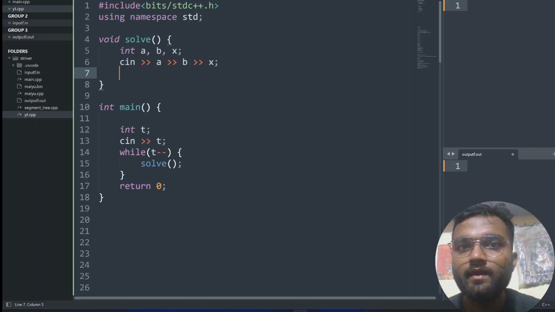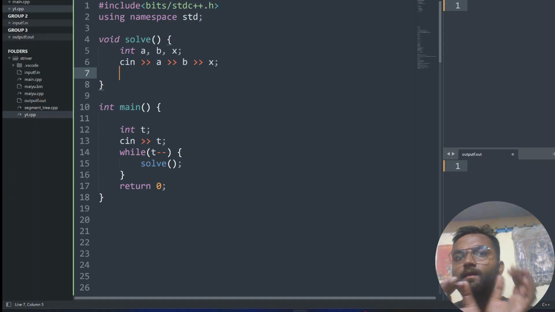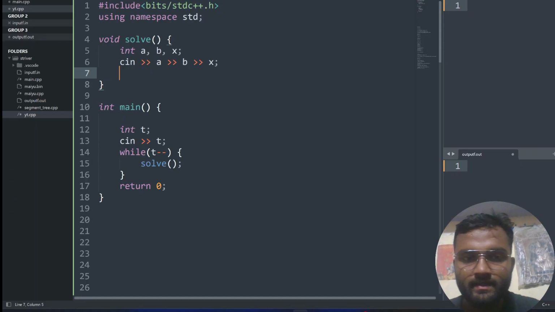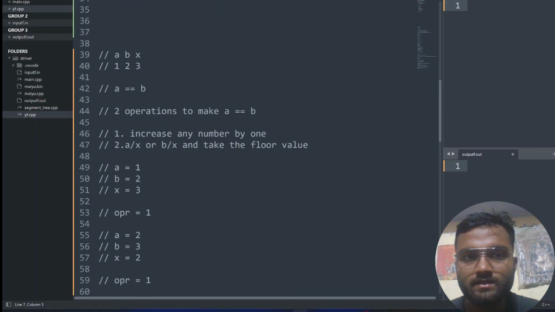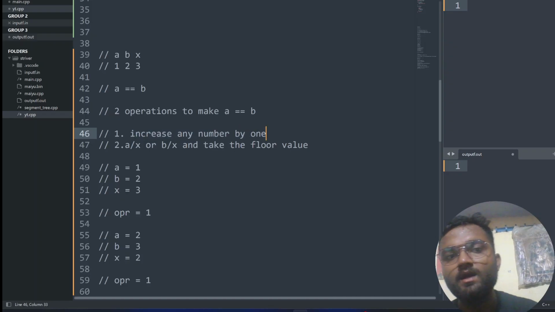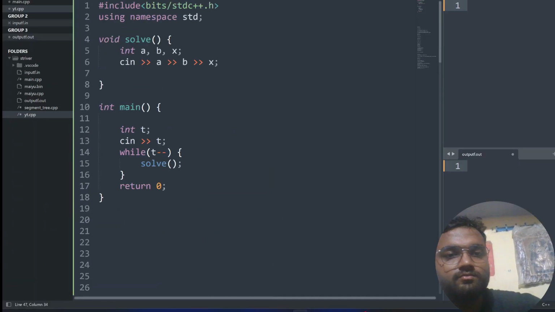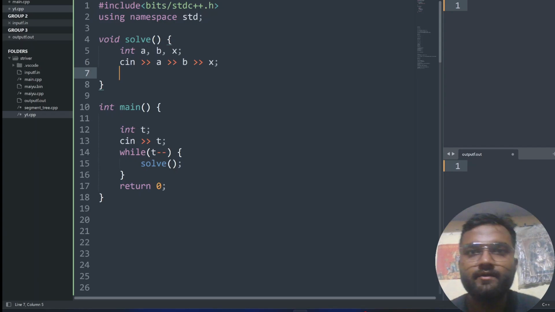Now we have to make a and b equal doing only the two operations I have mentioned here. We can just increase or decrease a number by 1, or do a by x, b by x and take the floor value. So we are going to derive all the answers and take the minimum one.